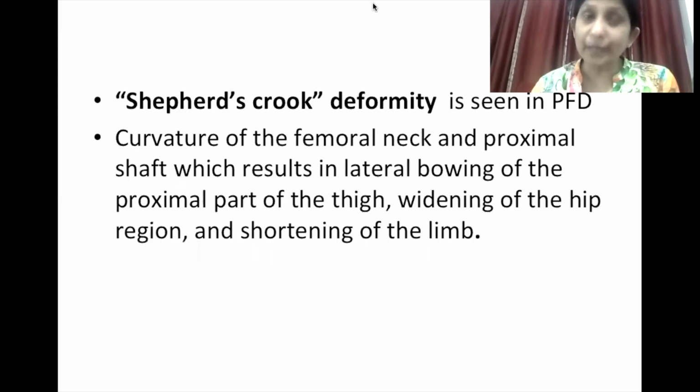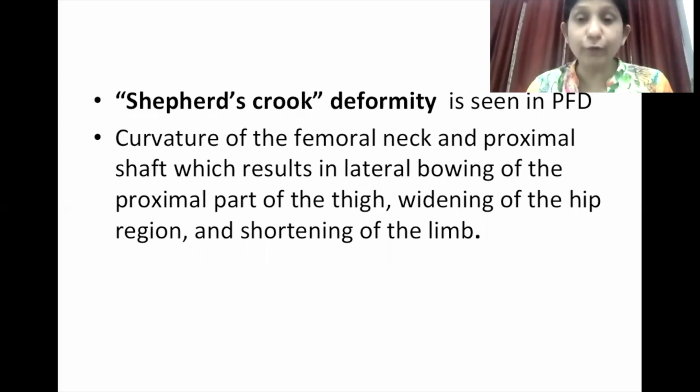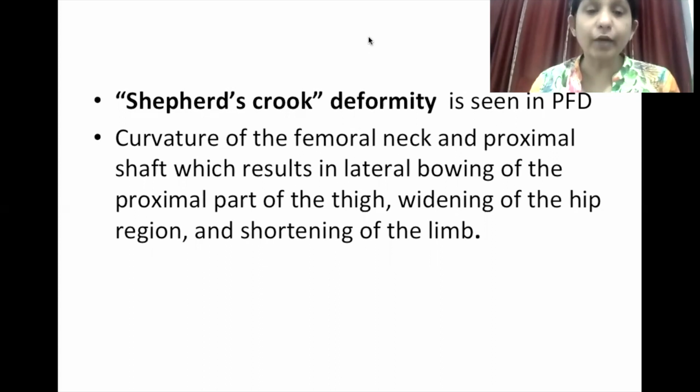Because the patient will undergo a lot of these fractures, you can see something called a shepherd's crook deformity in polyostotic fibrous dysplasia, which is due to curvature of the neck of the femur and proximal shaft, resulting in lateral bowing of the thigh. The thighs will be bowed, and there'll be widening of the hip region.